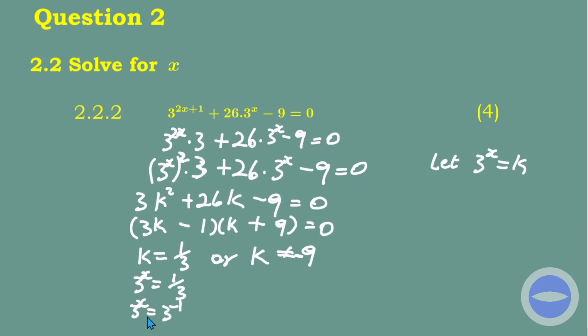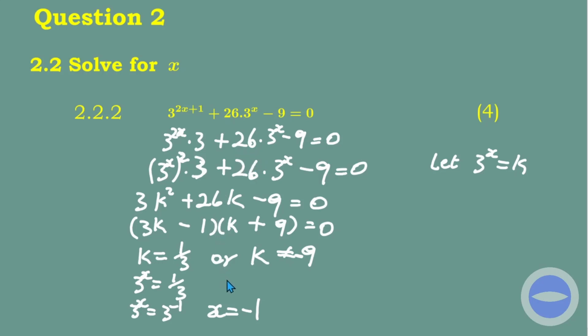So we have same bases, and then x equals negative 1. So this is the value of x. So this one, I will just leave it here, because we can't go further. k cannot be negative, because immediately if we start to have negatives, we are going to have havoc. It's going to be something very complicated.